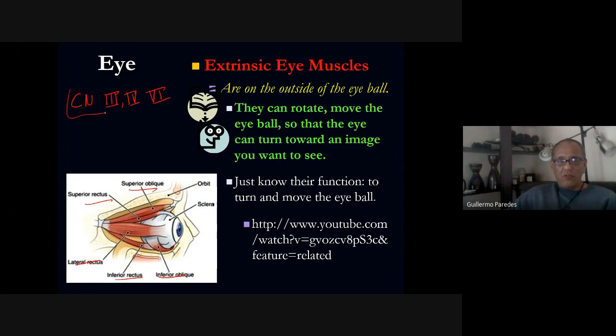I don't want you to remember the names yet, but we are going to ask that in anatomy and physiology. At this moment, remember 3, 4, 6. Those are the nerves that control the movement of the eyes.